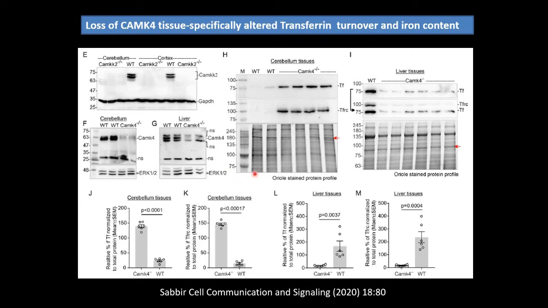Immunoblotting revealed that both transferrin and transferrin receptor content was significantly increased in the cerebellum of CAMK4 knockout mouse compared to the wild type. In contrast, both were significantly decreased in the CAMK4 knockout mouse liver tissue compared to the wild type.